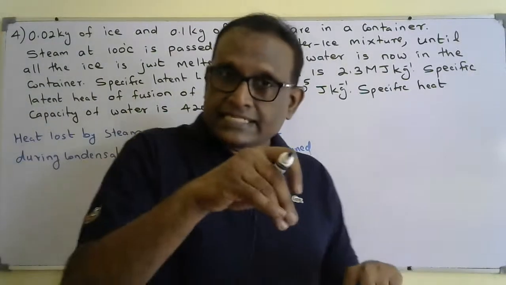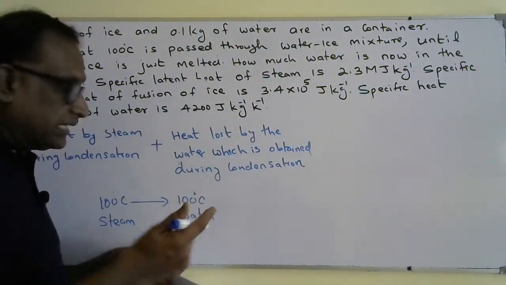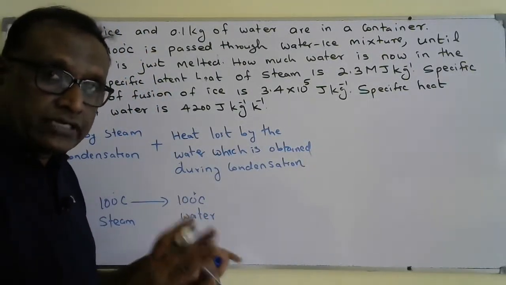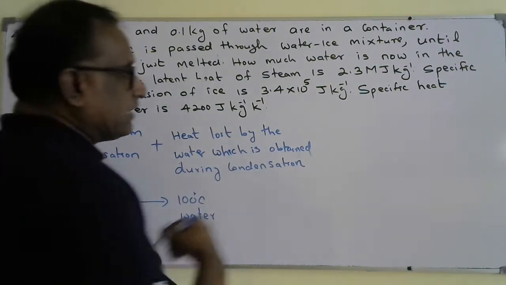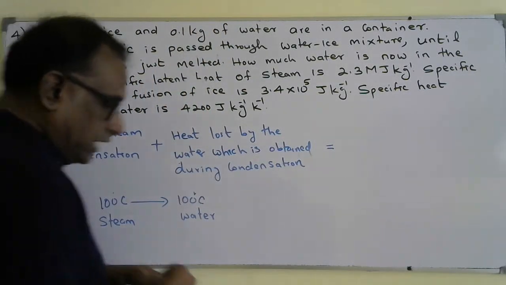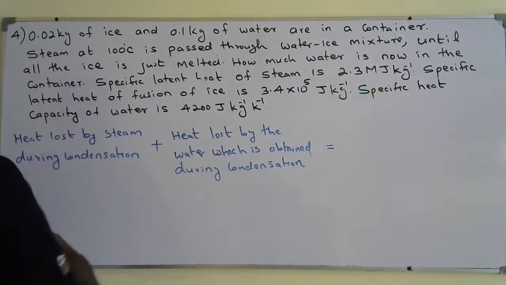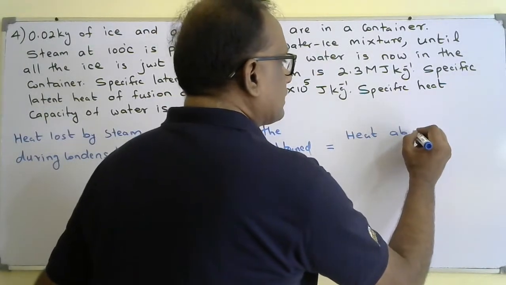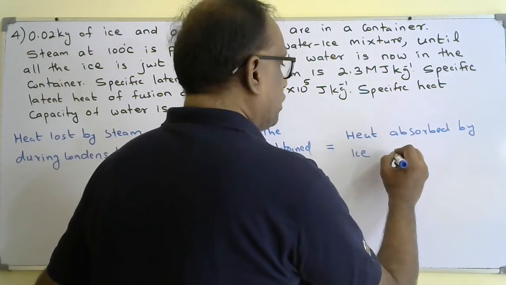If that water stays inside the ice water mixture, this water will lose its heat and melt ice further. Finally they are getting water at 0 degrees Celsius. So this water which is obtained during condensation is also going to lose heat further. Finally, the heat lost during these two processes will be used to melt ice, just ice. Which ice? 0.02 kilogram of ice. Heat absorbed by ice during melting.